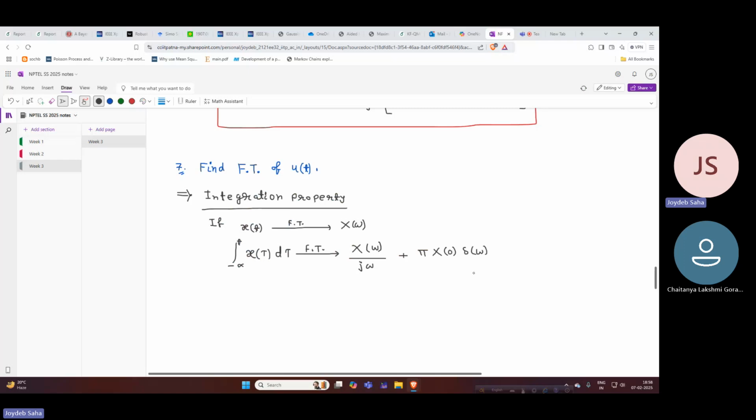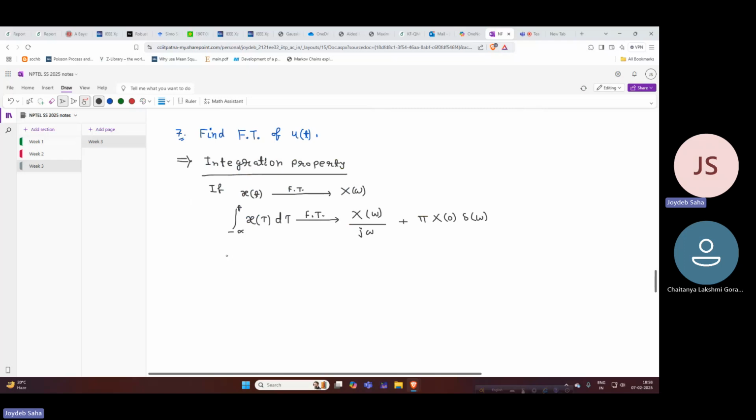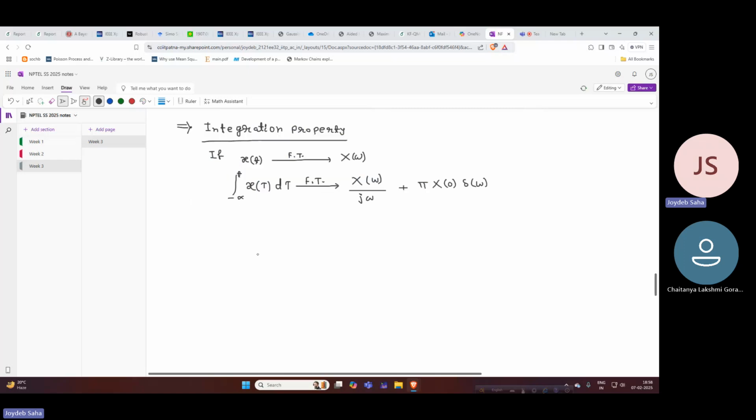Okay, now we will solve. We know that the Fourier transform of delta t is 1.